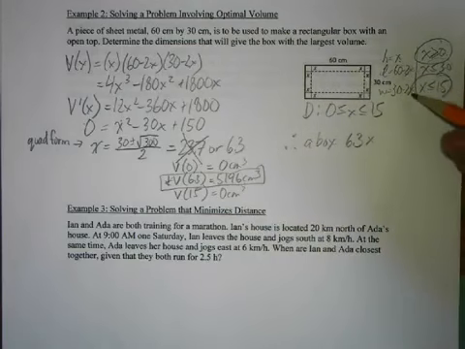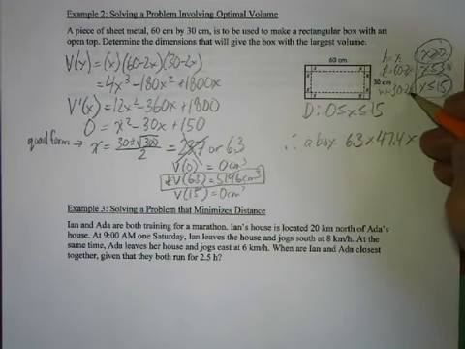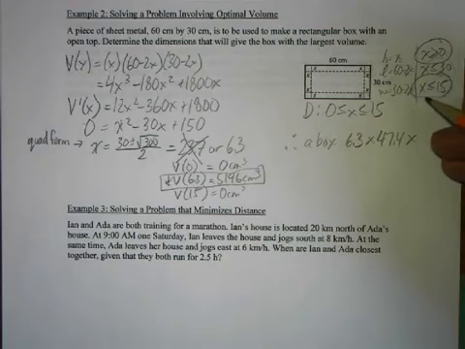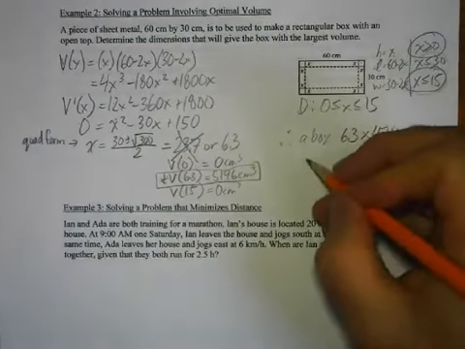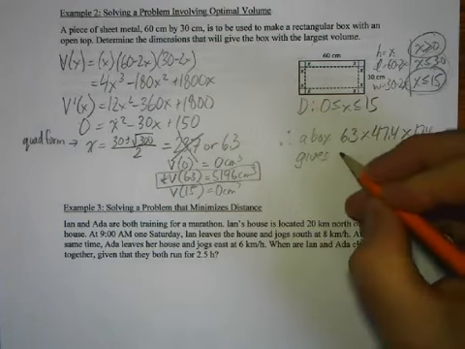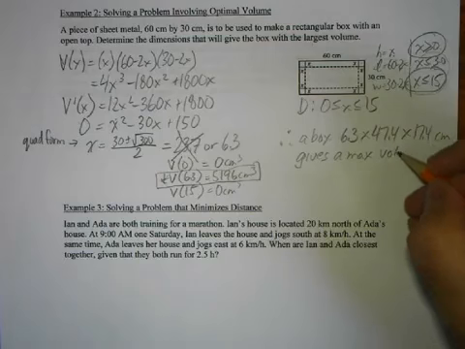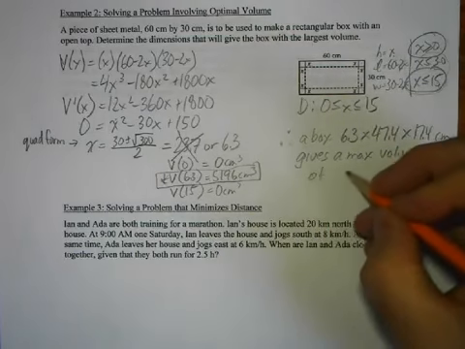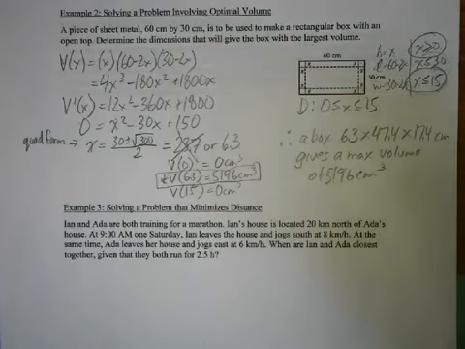If I plug 6.3 into the other ones, it works out to 47.4 by 17.4. All three of these dimensions of the box are in centimeters, and I can say maximum because we know that now: a max volume of 5196 centimeters, and it's cubed because it's volume.